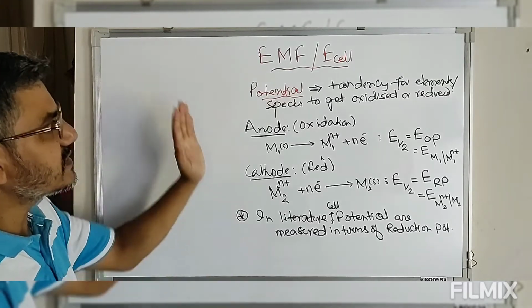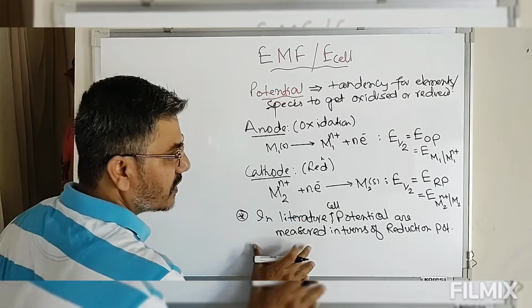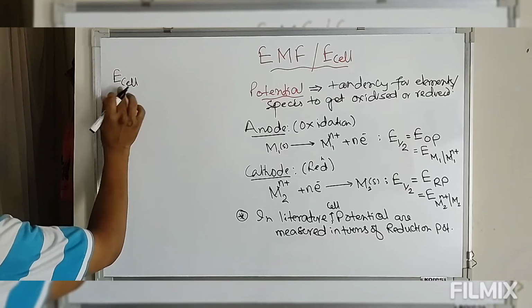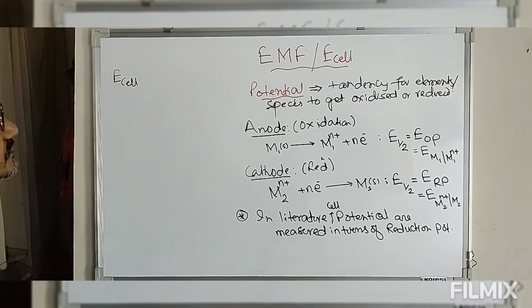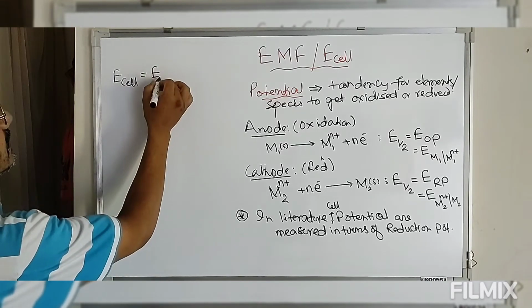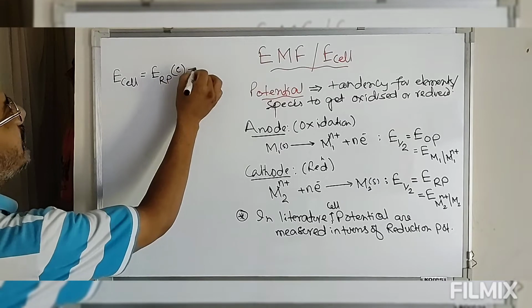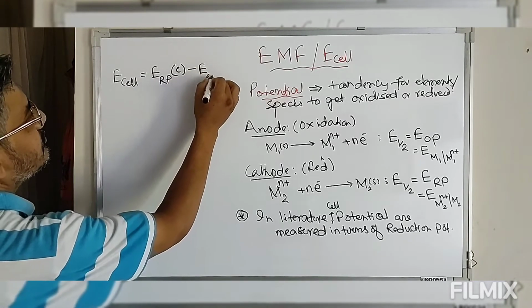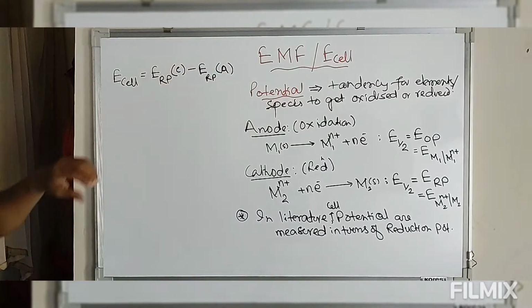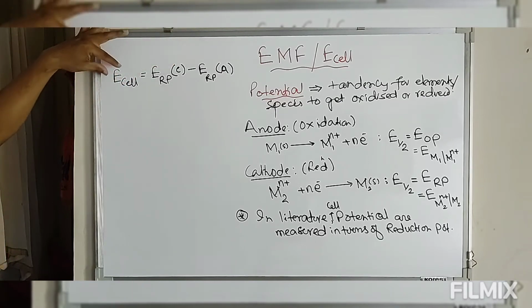Since literature values are measured in terms of reduction potential, we define the cell potential, the potential difference or electromotive force of the complete cell, as the reduction potential of cathode minus the reduction potential of anode. The difference in the reduction potentials of cathode and anode is equal to the cell potential.